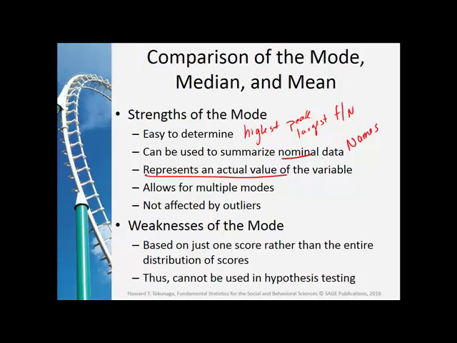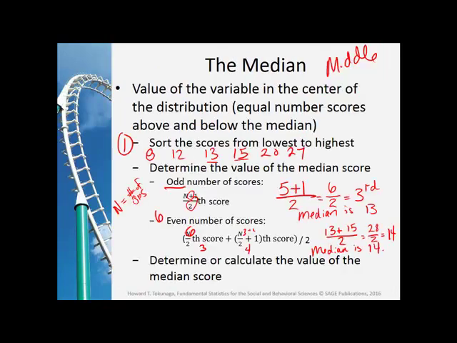Remember how we had a 13 and a 15, and the average of those two numbers was 14. Well, 14 wasn't represented in our data. Remember this example? The median was 14, but there are no 14s.